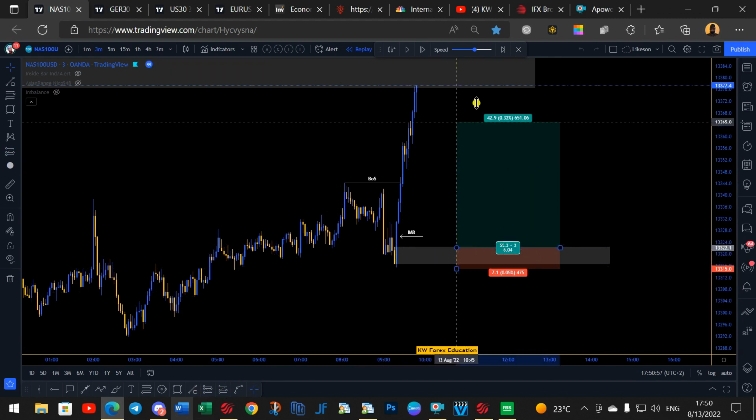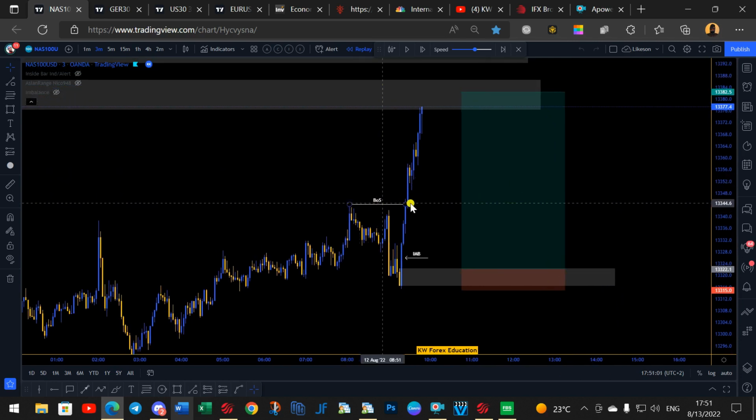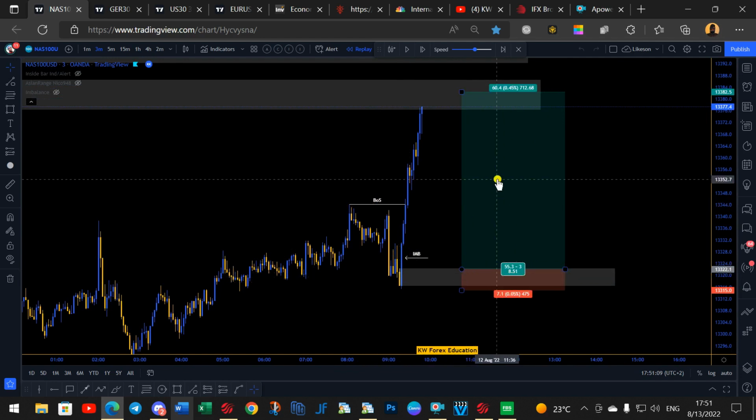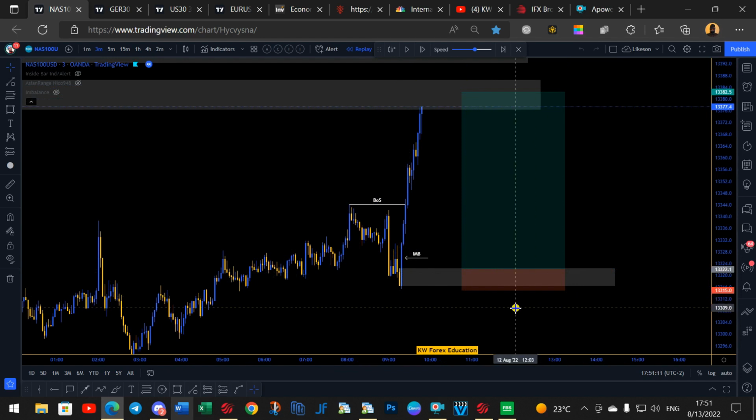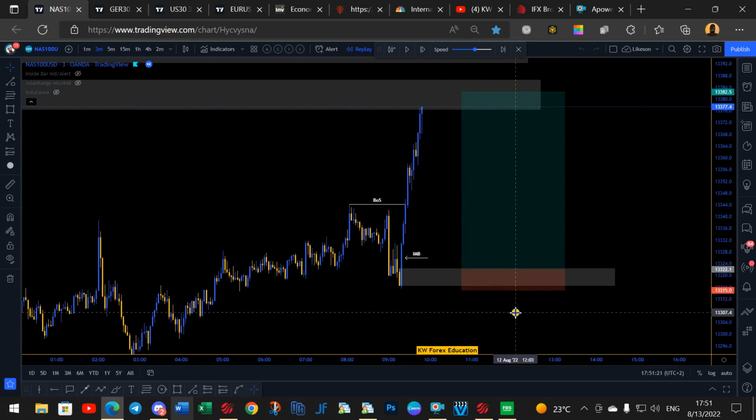Instead of just leaving your buy limits there, because you've got a break of structure and you've got imbalance here and you've got unmitigated order block here, right? We can still capitalize on that movement that is going to come and trigger your buy limit. But that is another risky way of trading.